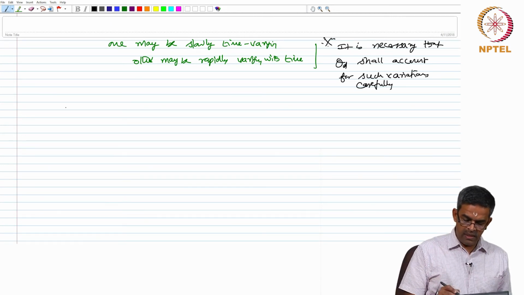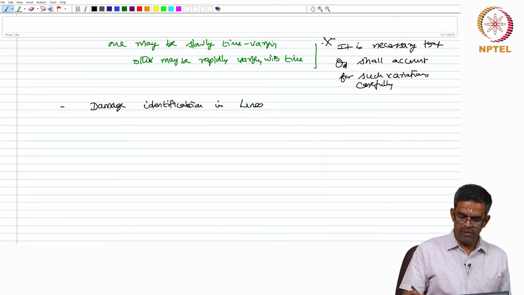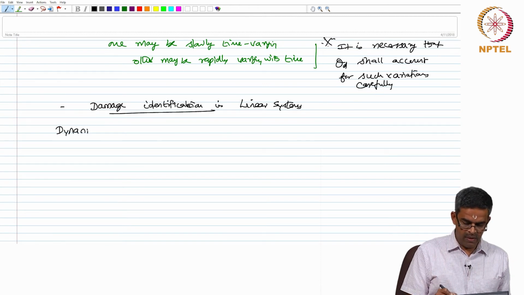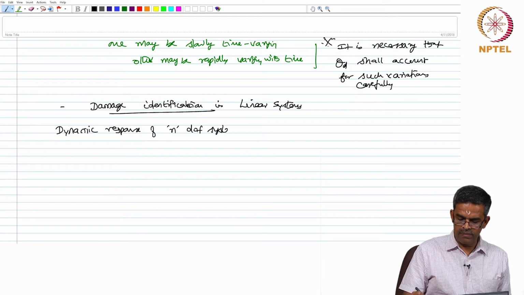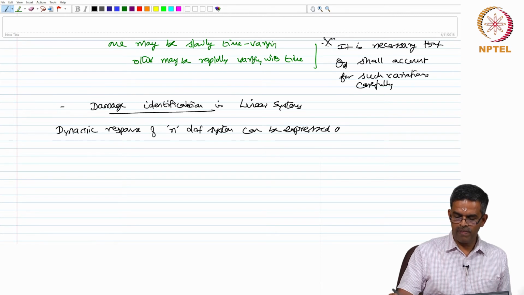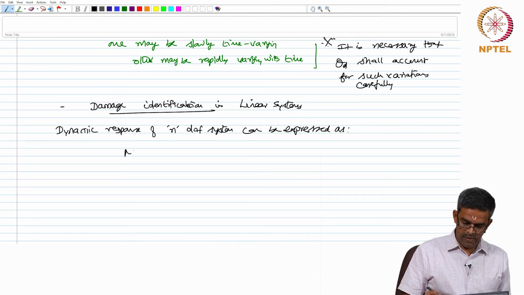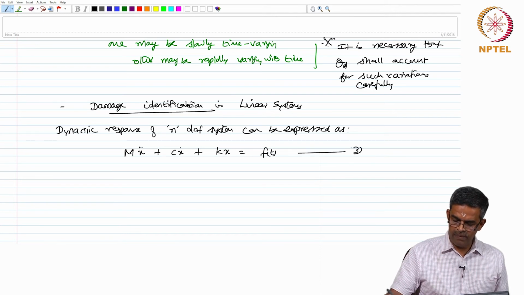Okay. Let us extend this logic to study damage identification in linear systems. Dynamic response of n degree of freedom system can be expressed as M x double dot plus C x dot plus K x is F of t.